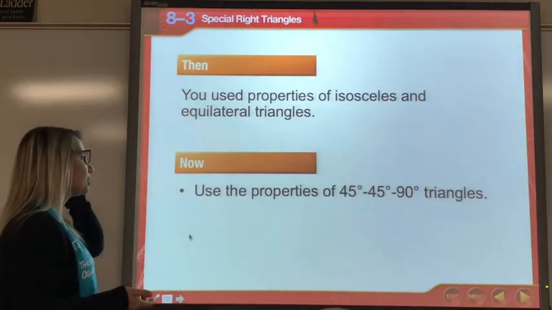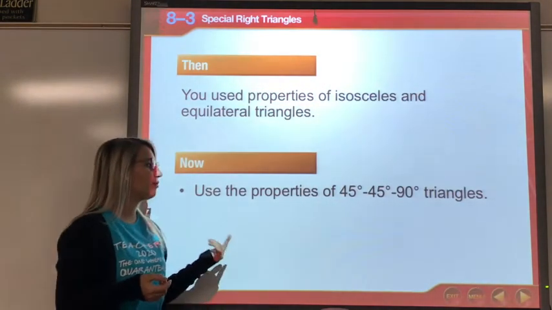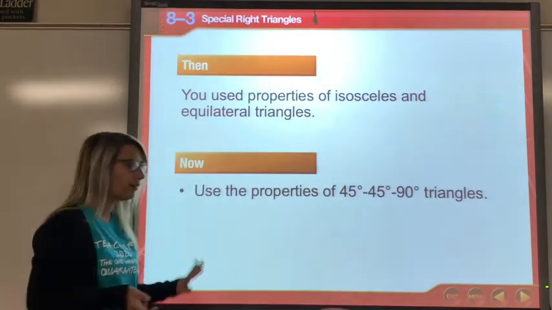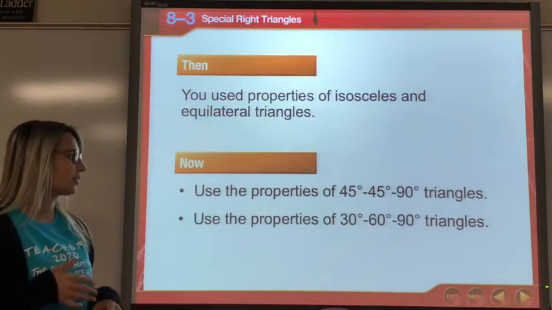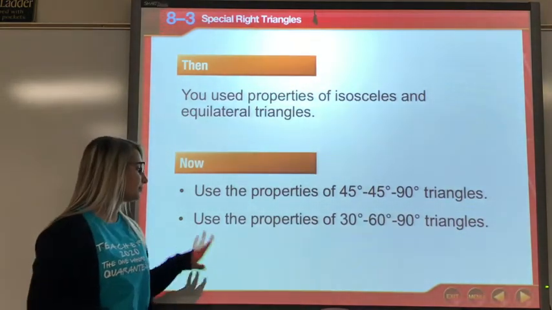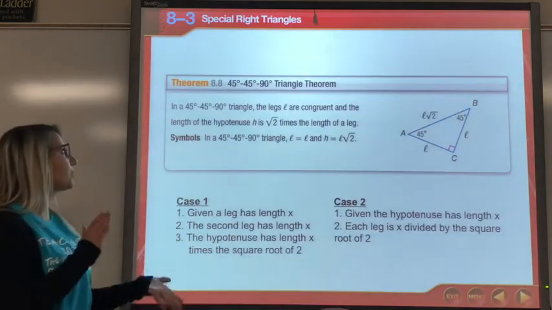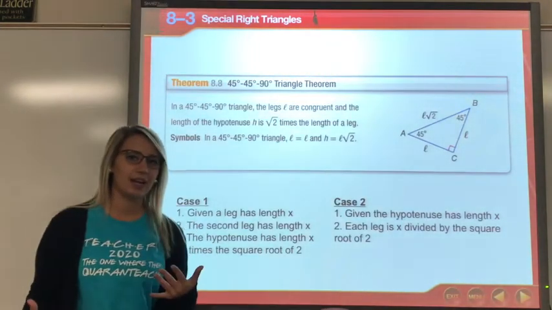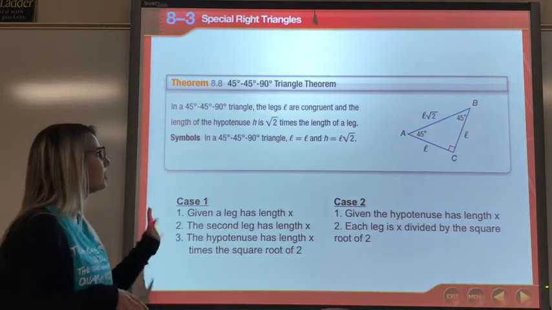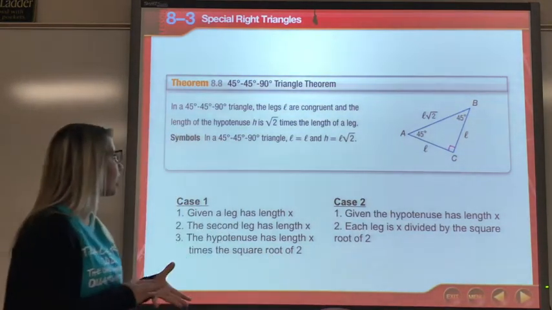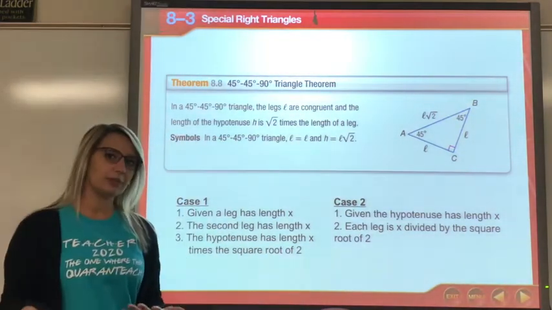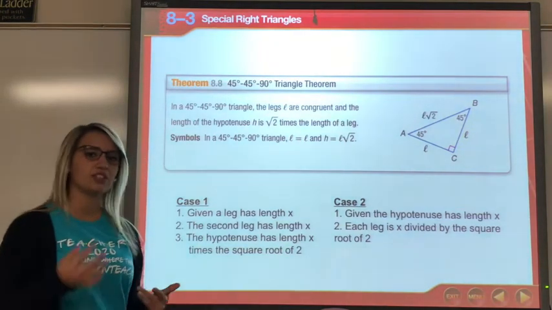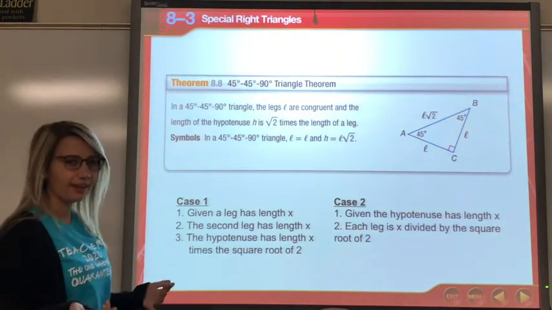Okay, so now we're going to use properties of a 45, 45, 90 degree triangle and the properties of a 30, 60, 90 triangle. We're going to start out with the 45, 45, 90 triangle. Here we're given an isosceles triangle. Bear with me, this is kind of complicated stuff, but once you get the hang of it, it's really fun, I think, anyways.